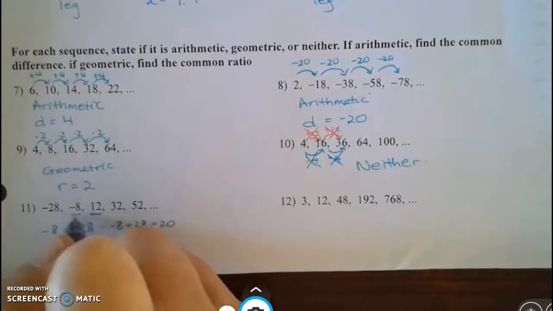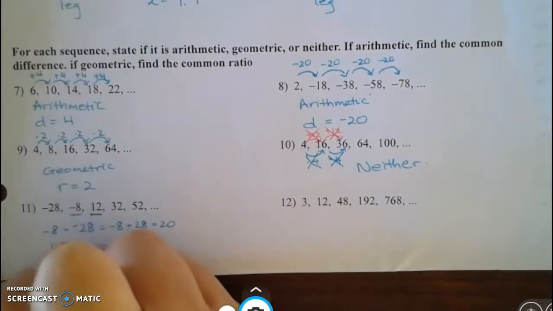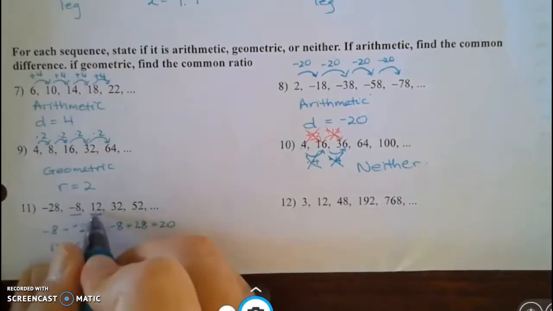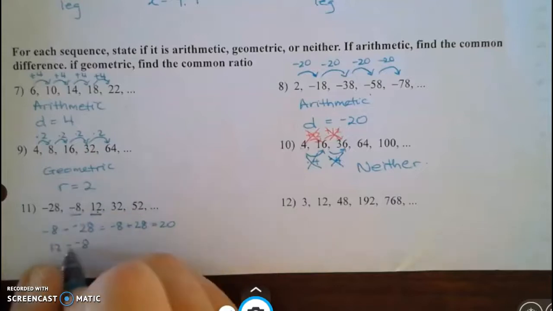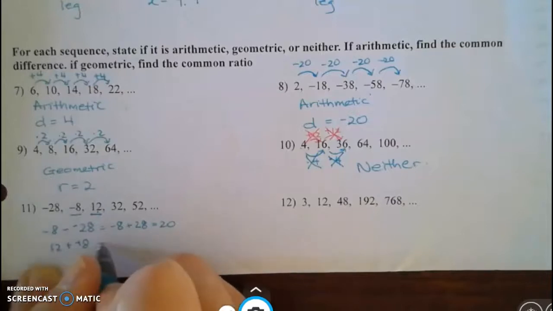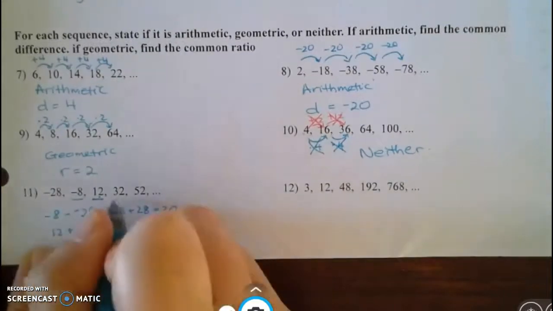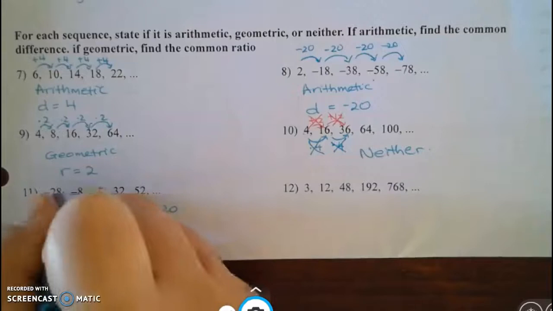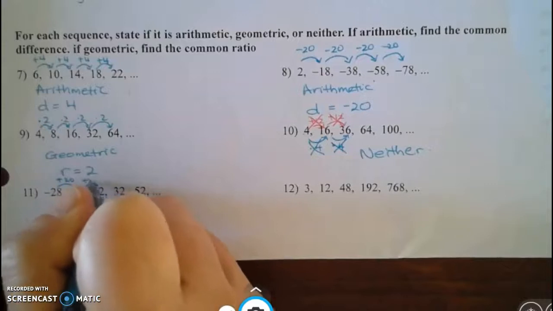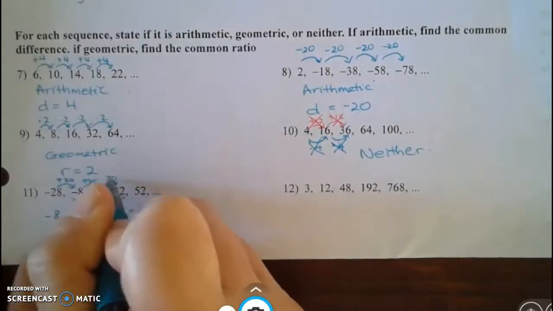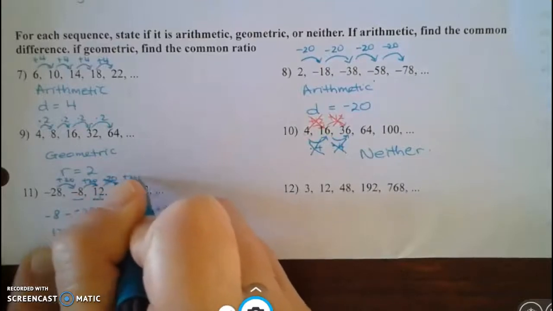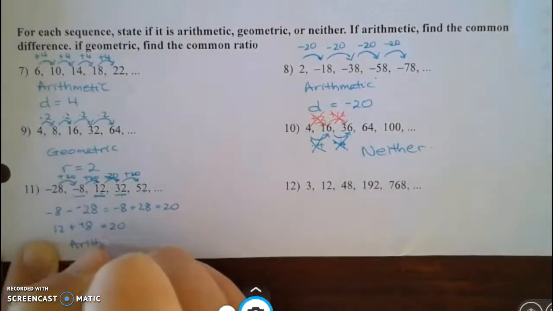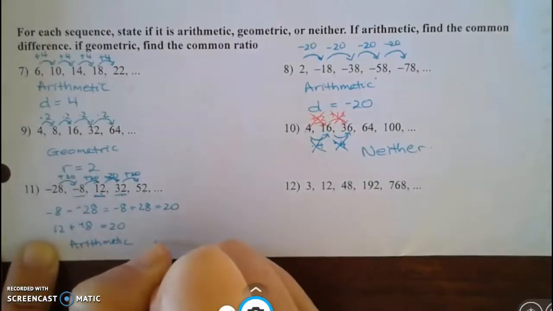I get the next value, 12, and subtract the previous value, negative 8. That's 12 plus 8, which is 20. So I get the same number. And I check one more. If I add 12 plus 20, am I going to get 32? Yes. So I know that what I am doing here is adding 20. So this is arithmetic, and the common difference is plus 20.